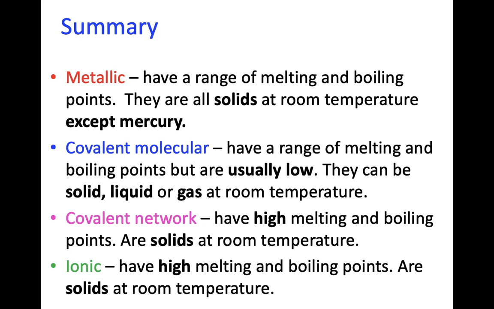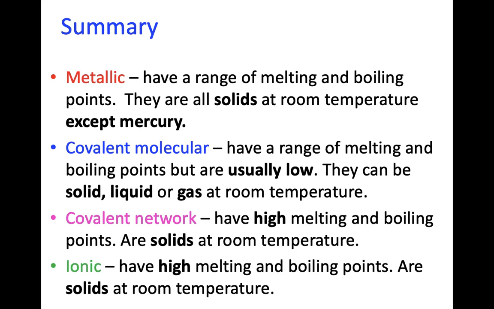So metals have a range of melting and boiling points. Some are quite low, some are quite high, but they are all solids except mercury. Now, covalent molecular structures, they also have a range of melting and boiling points, but they are usually quite low. They can be solids, liquids, or gases at room temperature. They don't prefer one of the three. It depends on where the boiling points are.